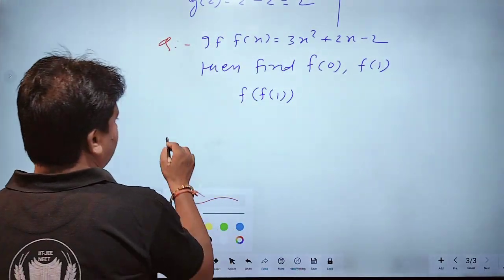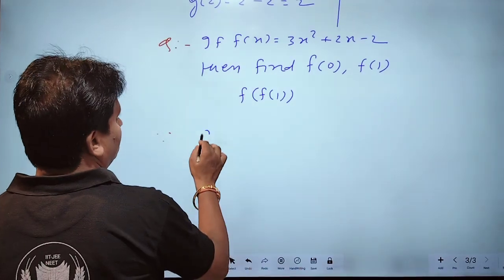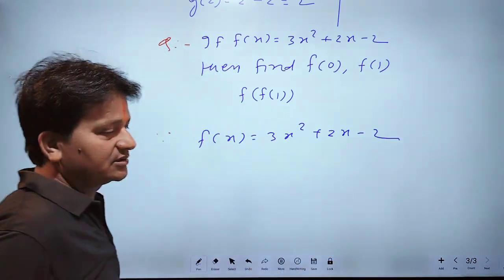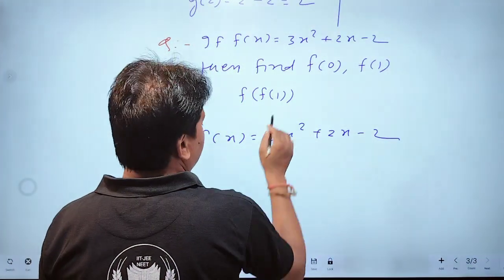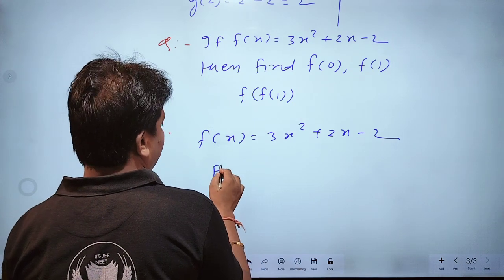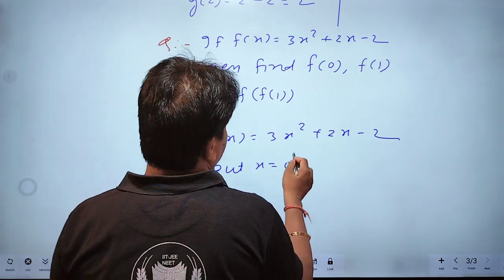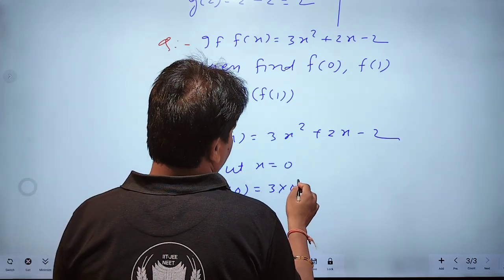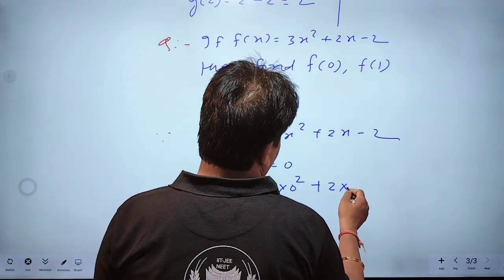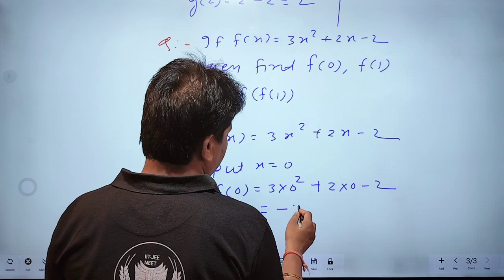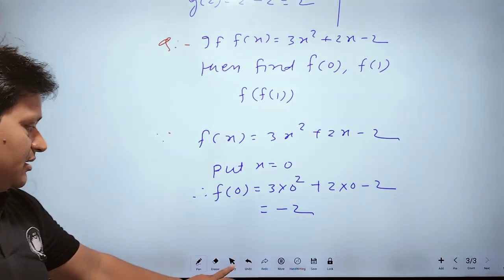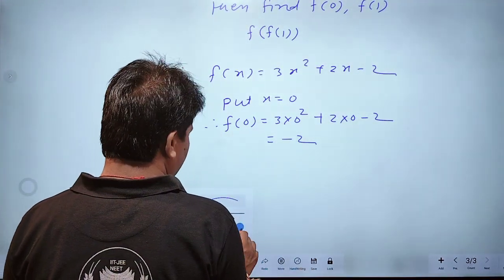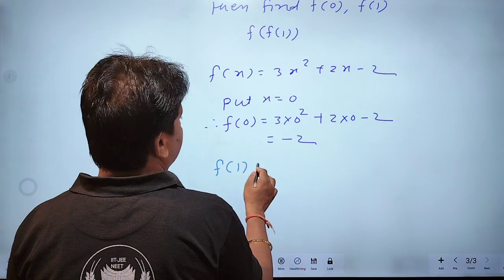Here function is given in the form f(x) is equal to 3x square plus 2x minus 2. Okay. First of all, we find f(0). For finding f(0), put x is equal to 0 in this equation. Therefore, f(0) should be equal to 3 into 0 square plus 2 into 0 minus 2, which is minus 2. Got it?